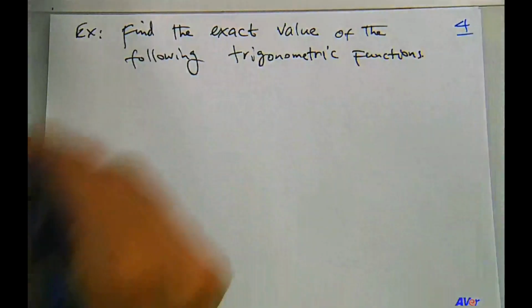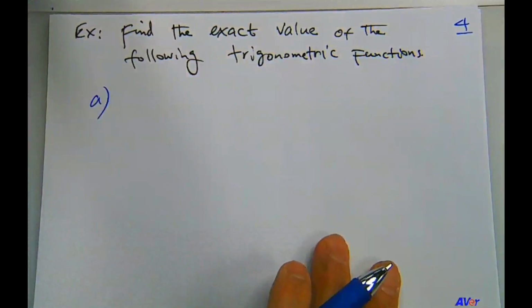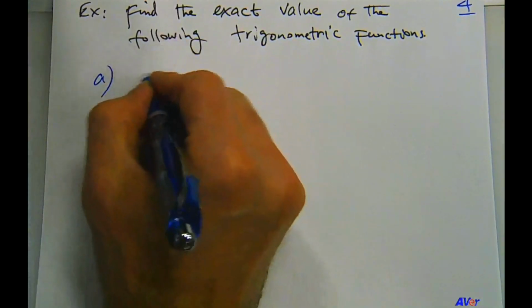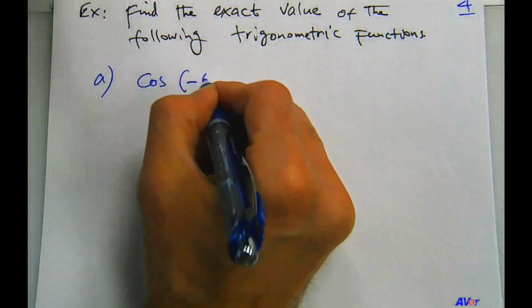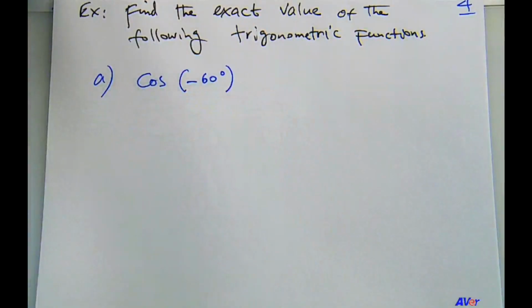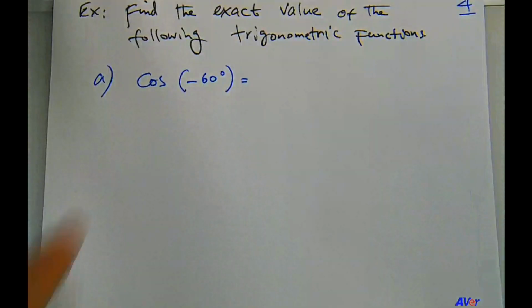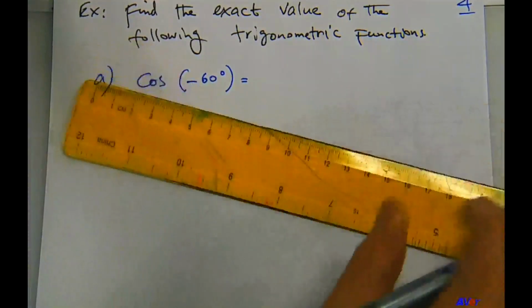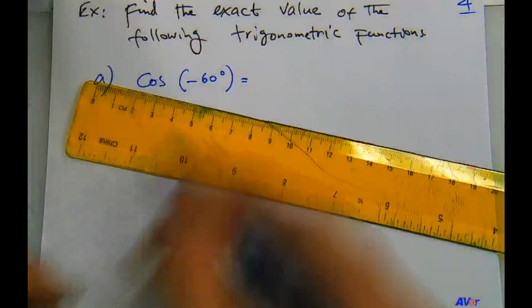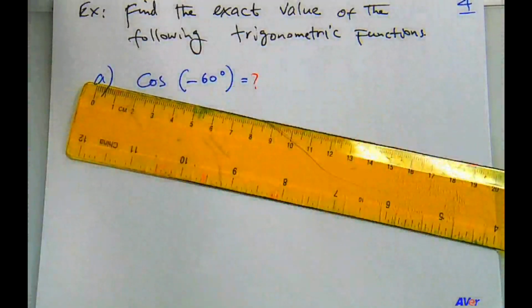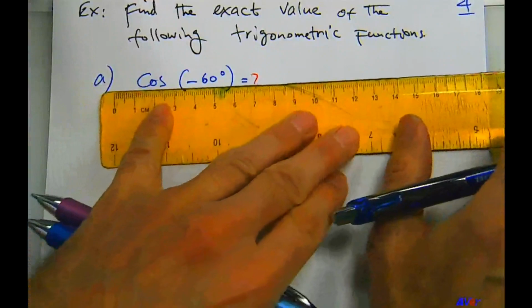Okay, so for part A, we want to do that for cosine of minus 60 degrees. All right, so this is minus, so the movement is in which direction? If you said clockwise, you're absolutely correct.